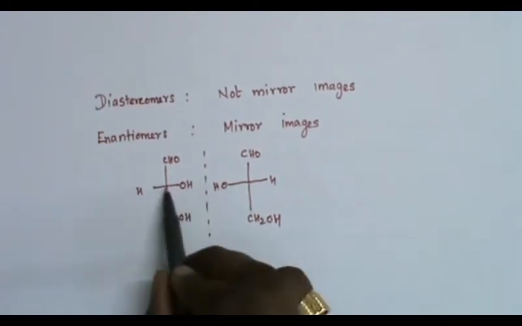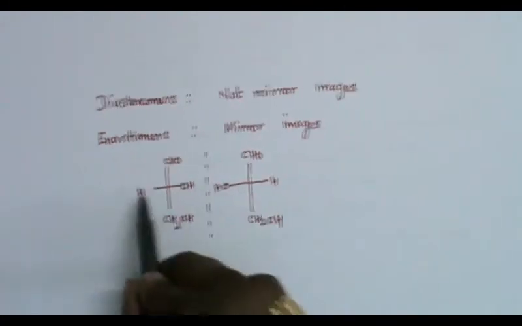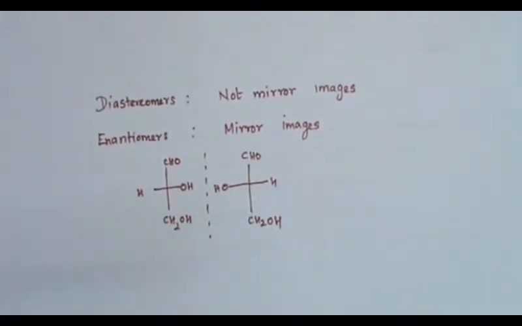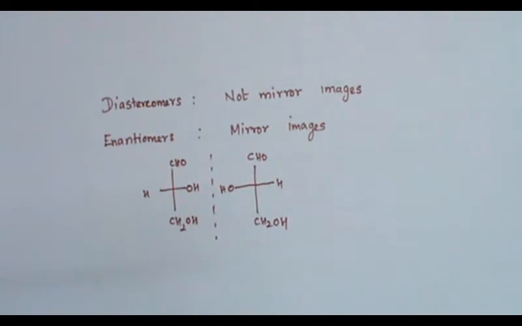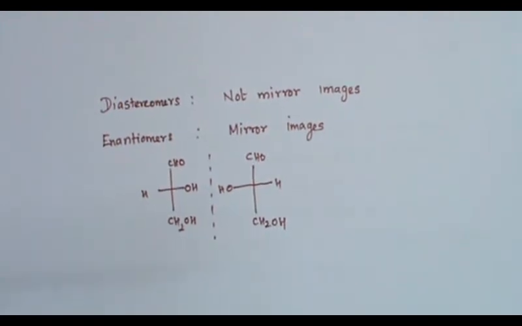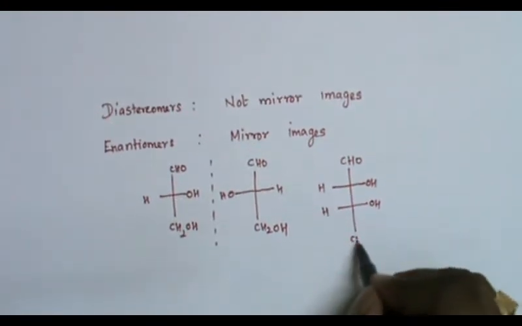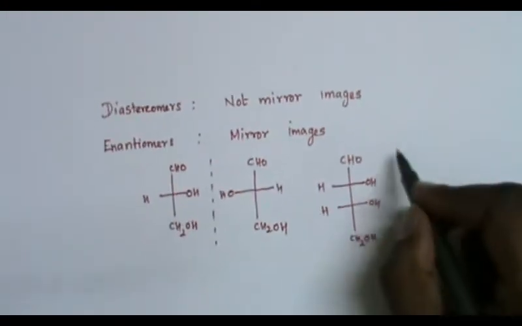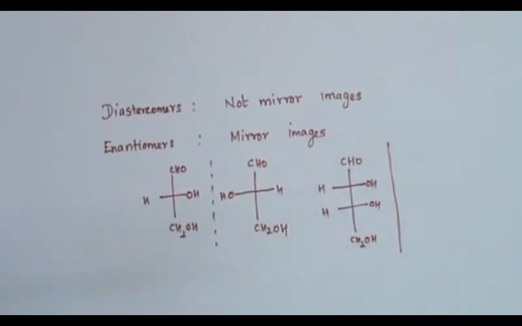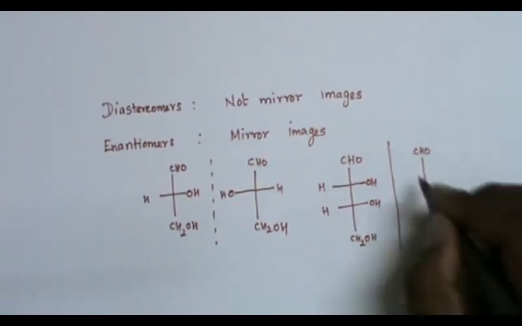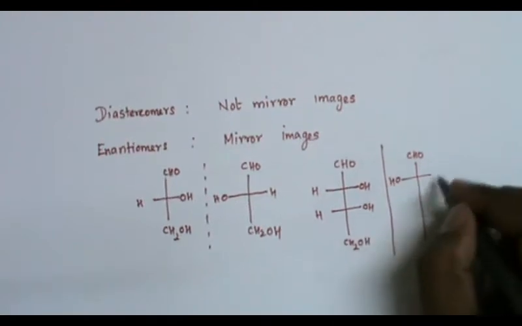OH is here, afterwards we come across carbon, it is here, hydrogen, CHO on the top, CHOH at the bottom. So these 2 are mirror images, so they are enantiomers. Suppose I go for 2 chiral carbons, then the mirror image will be like this.